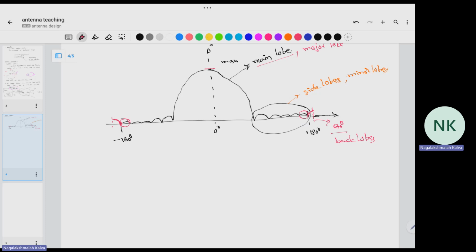So here this is the maximum value. So we can define half power beamwidth over here.